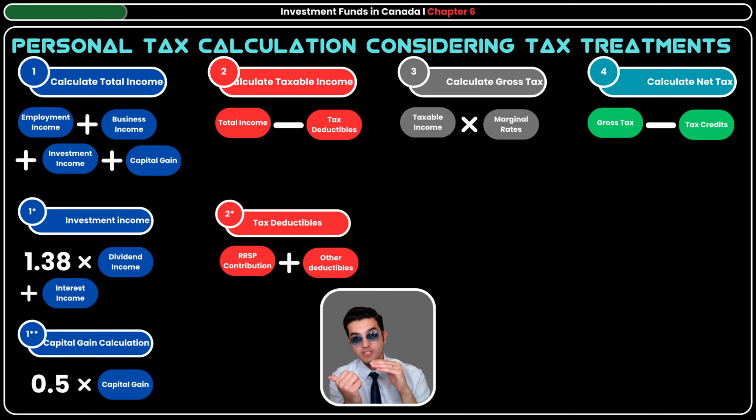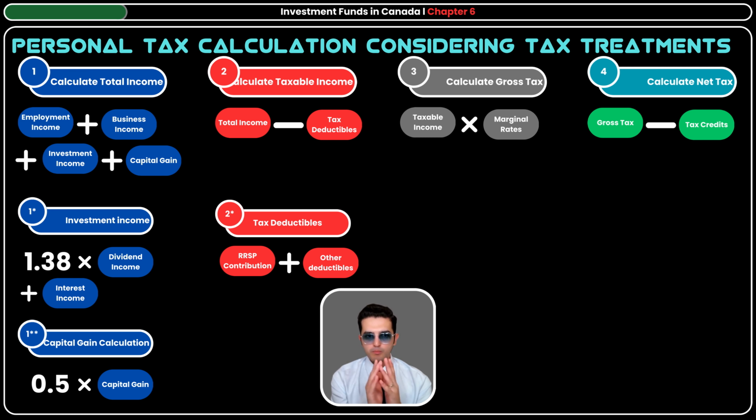Tax credits reduce the total tax that you need to pay to the government. That's why lots of people get tax refunds, because they apply lots of tax credits. Most of them should be refundable tax credits. So step 4 is gross tax minus tax credits. Governments offer individuals different types of tax credits.